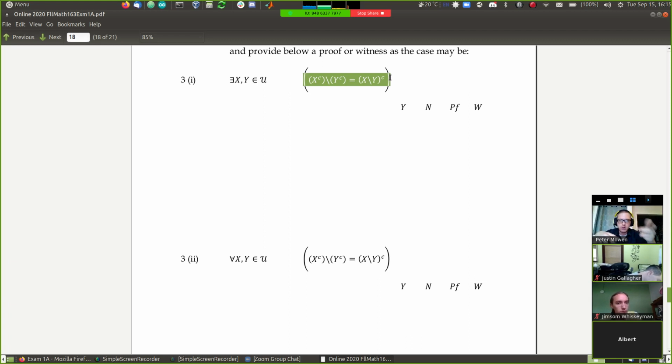But if you think it's false, then you have to show that no such pair exists. It's not that it doesn't work for every single case, but that there's no case for which it works. And for every case, if you want to prove it true, then you have to provide a proof of why it's true for every case. But if it's false, you just have to find one instance where it's false.